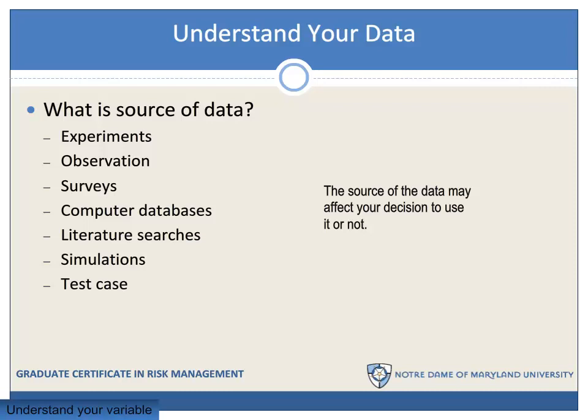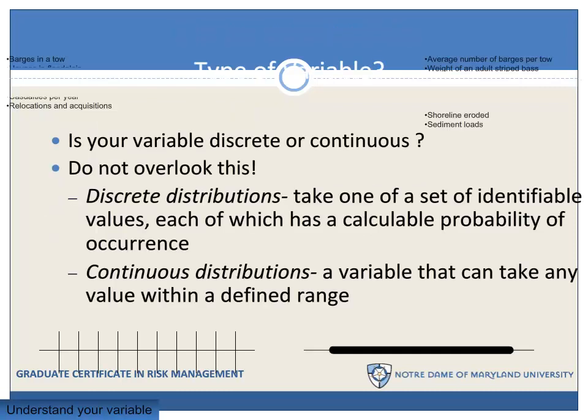If you have test case data, if you have spurious simulation data, if you have some incomplete information from an article that you read, or a computer database of somewhat questionable background, then you might not even be able to use your data at all. So this is the place to begin. Understand your data.